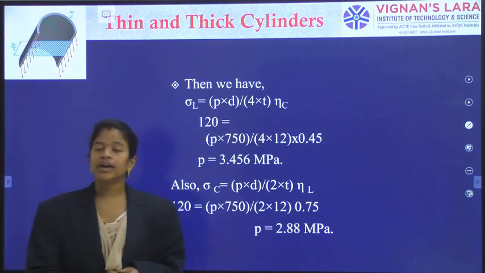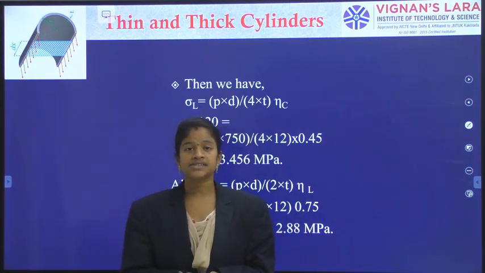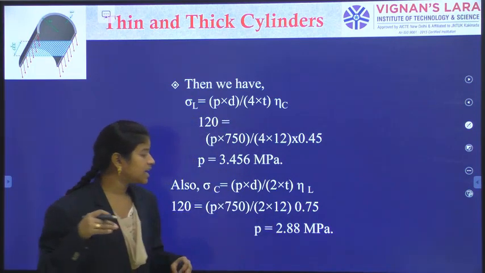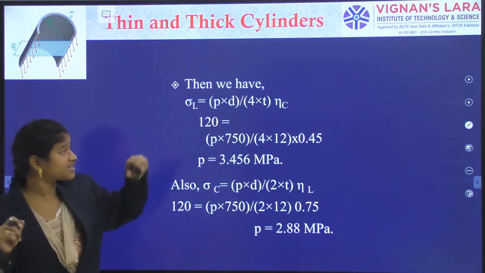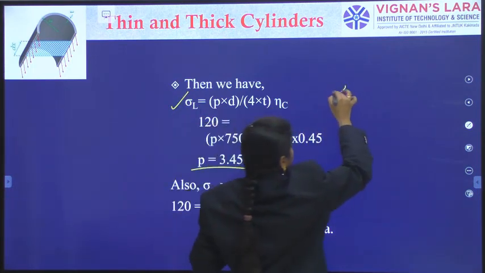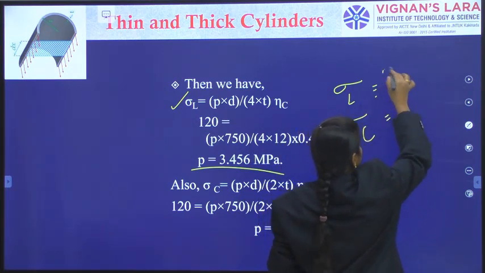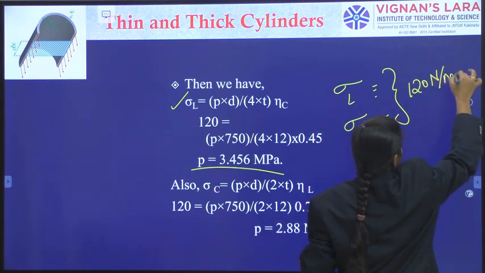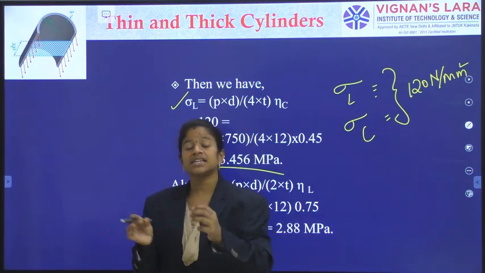Firstly, we can directly say the longitudinal stress sigma L and circumferential stress sigma C are limited up to 120 Newton per mm square, because that is the maximum permissible tensile stress limit of the material.